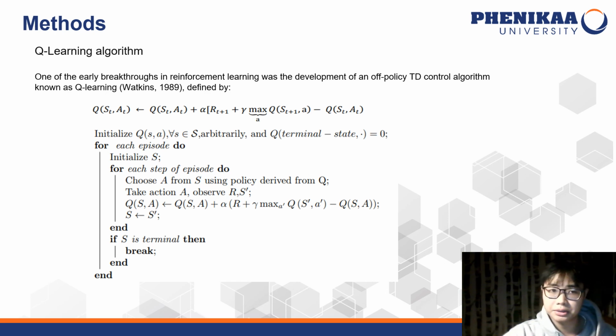It means the Q value at state t is equal to the Q value at state t plus alpha multiplied by the reward plus gamma multiplied by the max over actions of the Q value of the next state, minus the Q value at state t.